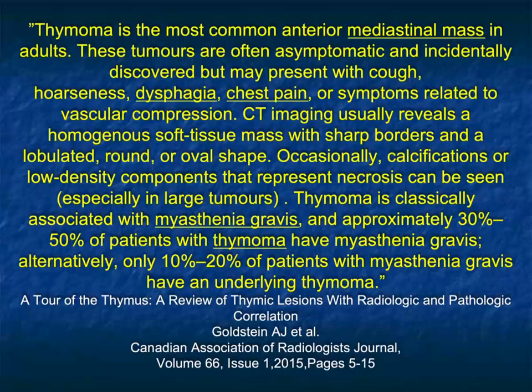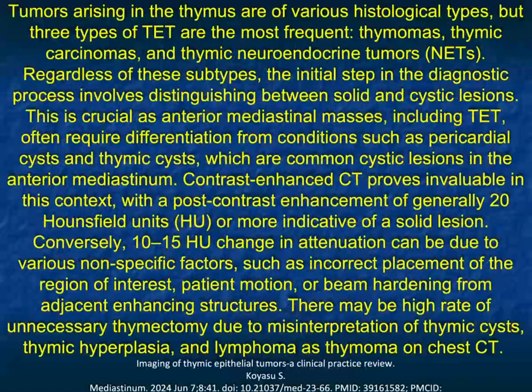We talk about clinical history because it's classically associated with myasthenia gravis. Up to 50% of patients with thymoma do have myasthenia gravis. However, only 20% or less of patients with myasthenia gravis actually will have a thymoma. We talk about other types of tumors arising from the thymus gland besides thymoma.